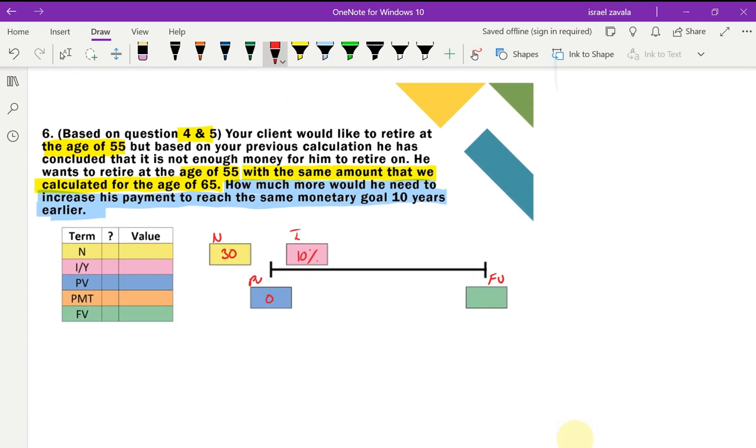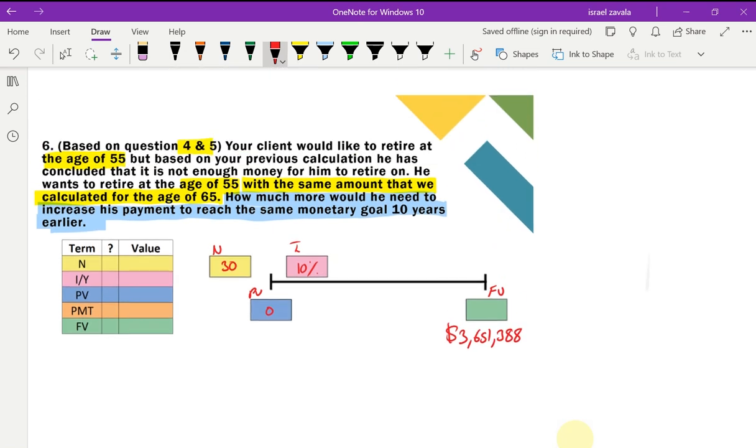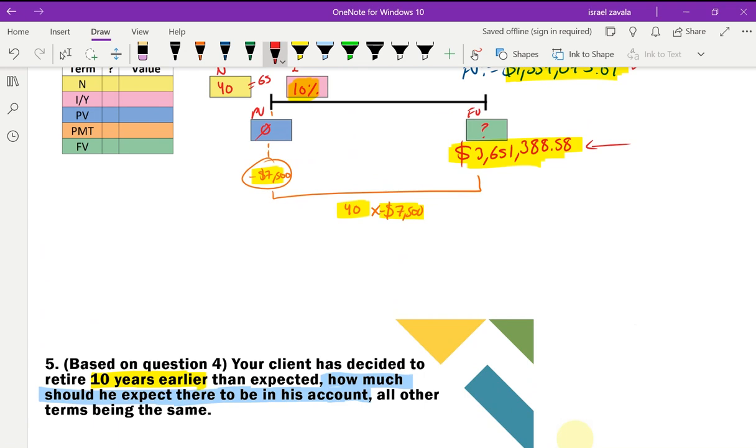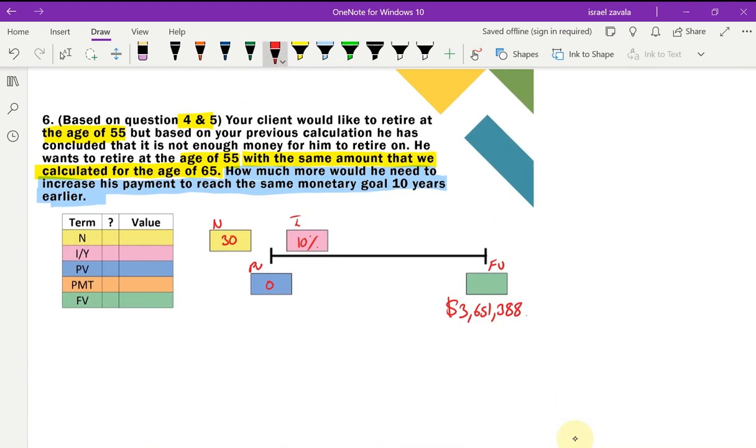Okay, so let's put that in here. Let me go get my cents. And 58 cents. I'm going to put it over here in the chart because I think this is important. Now we are looking for the payment, right?